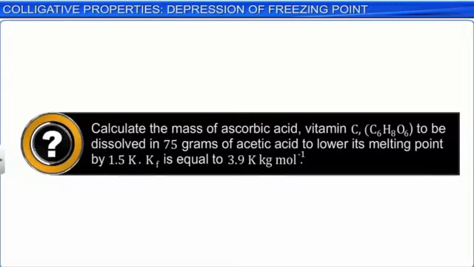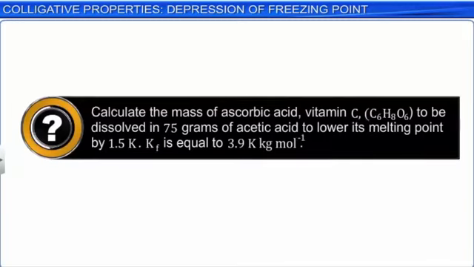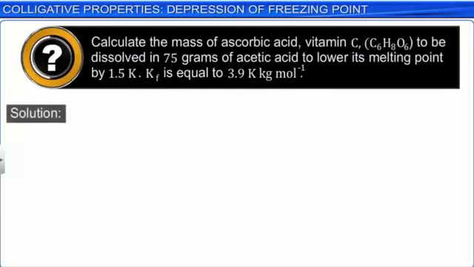Calculate the mass of ascorbic acid, vitamin C, C6H8O6, to be dissolved in 75 grams of acetic acid to lower its melting point by 1.5 Kelvin. Kf is equal to 3.9 Kelvin kg per mole. The first step, as usual, is to list the given variables.